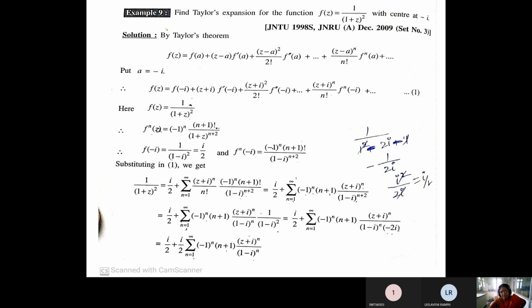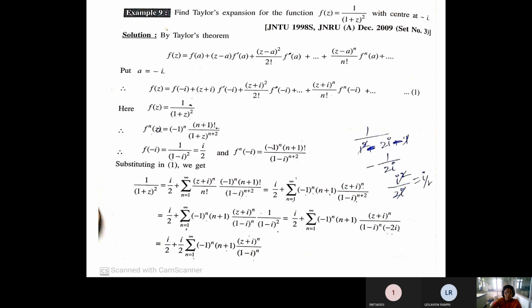Now the given point is z equal to minus i. Here minus i is a complex number, so a is a complex number. So we have to go for the general standard series, Taylor's theorem. The standard series is f of z equal to f of a plus z minus a into f dash a plus z minus a whole square by factorial 2 into f double dash a plus and so on, z minus a whole power n by factorial n into f n of a.